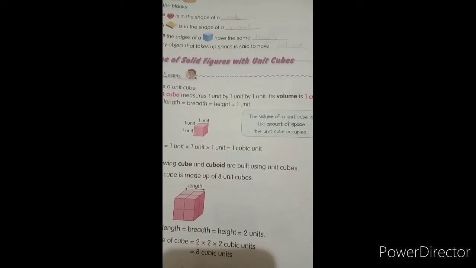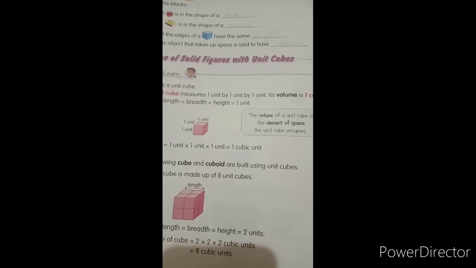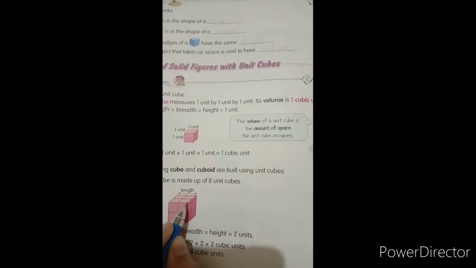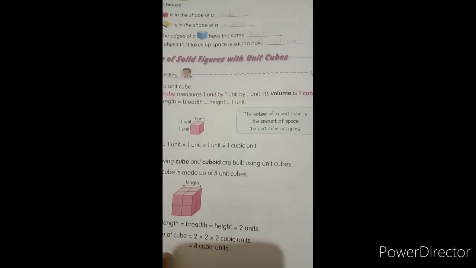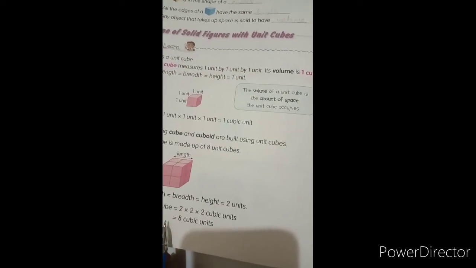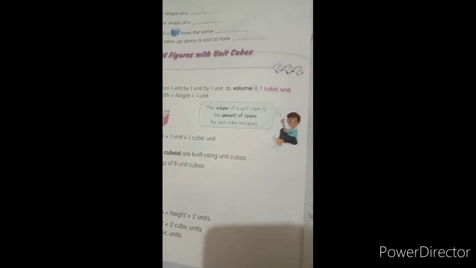So here length equal to breadth equal to height is equal to 2 units, because each cube is of 1 unit. So volume of cube here is equal to 8 cubic units.